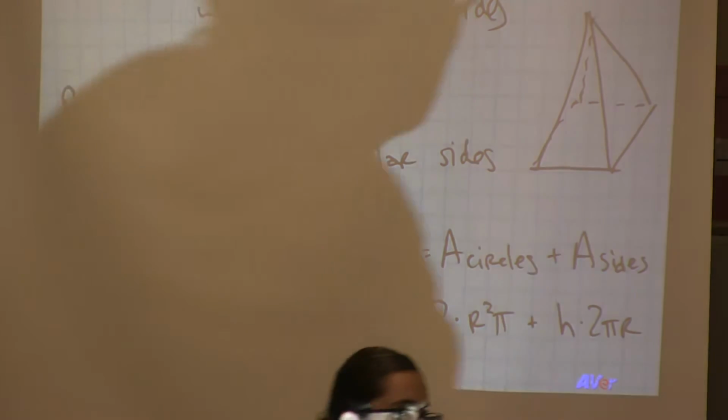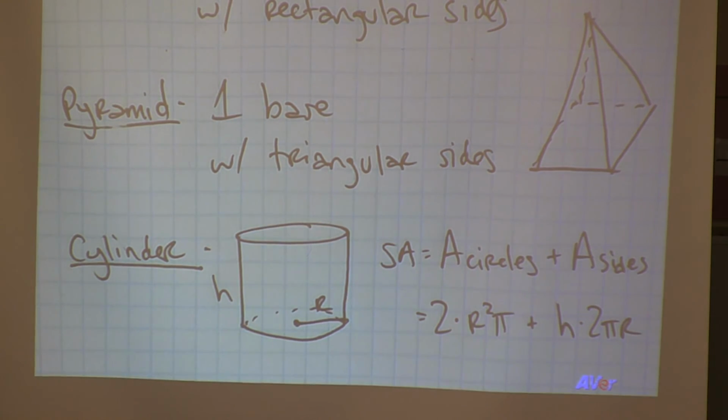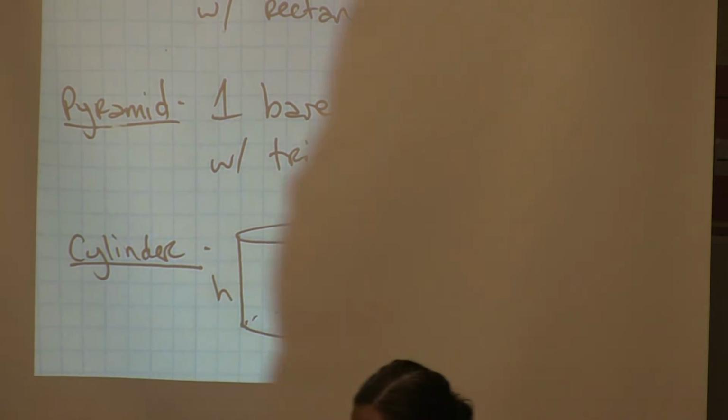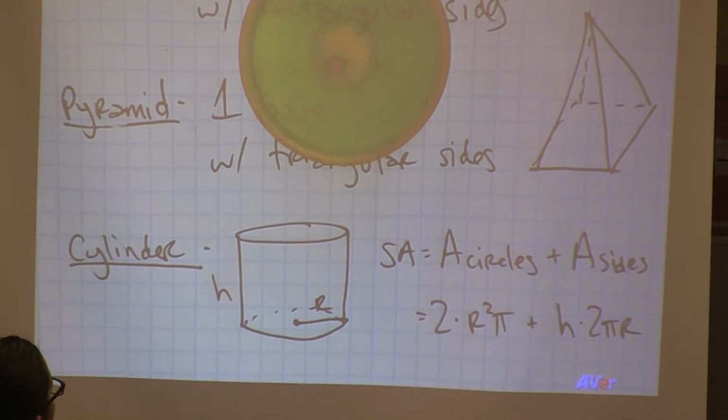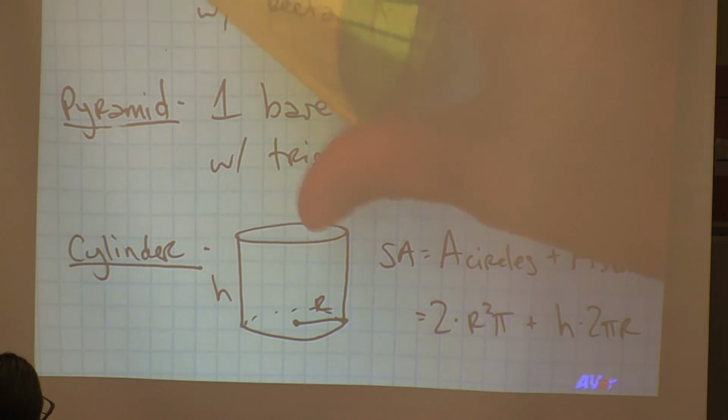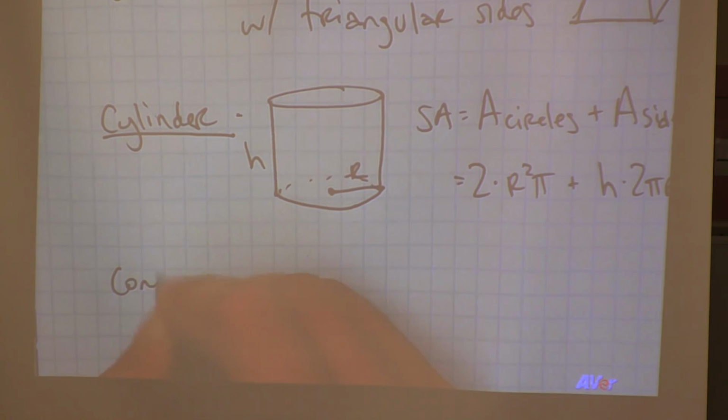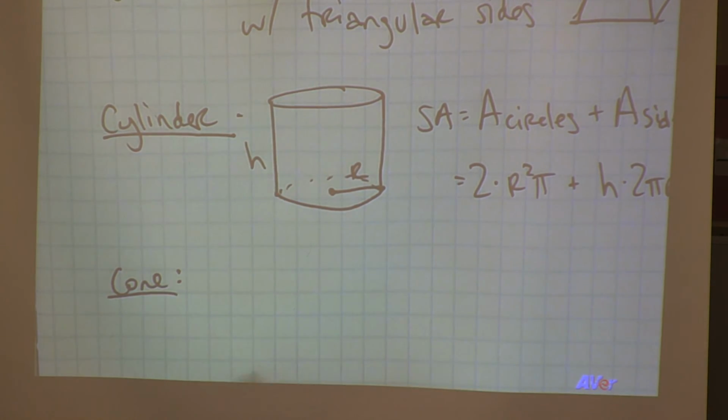Okay. So what's the name for a pyramid with a circular base? There it is. The pyramid with a circular base is called the cone, and I'm going to give you the surface area for a cone. Again, circular base.